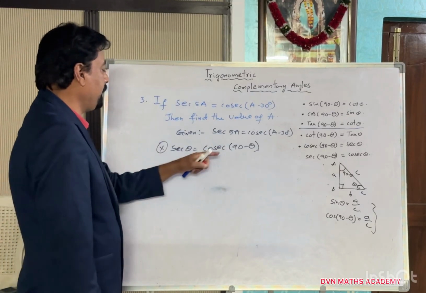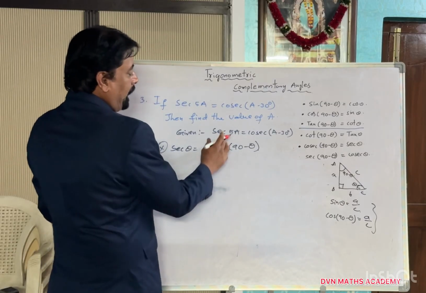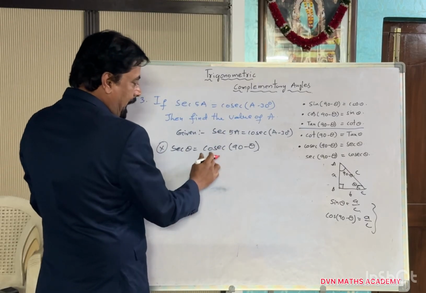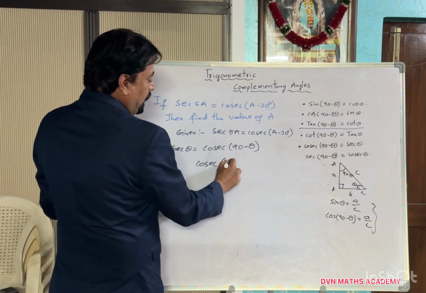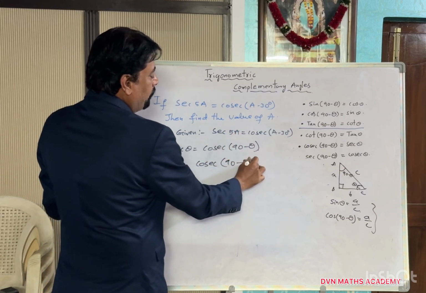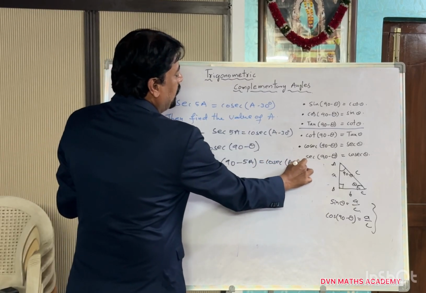We are applying this complementary angle identity. So here sec 5A, I will write it as cosec(90° − 5A), is equal to cosec(A − 30°).